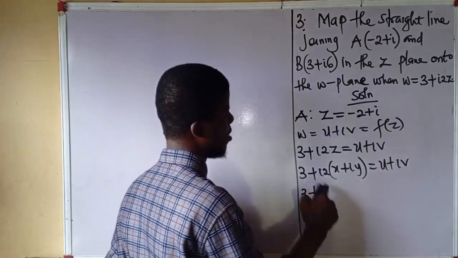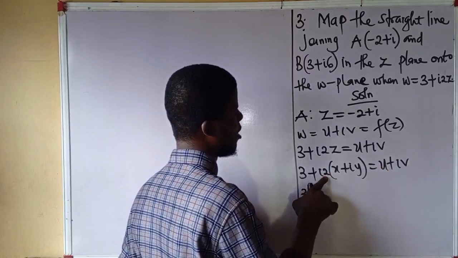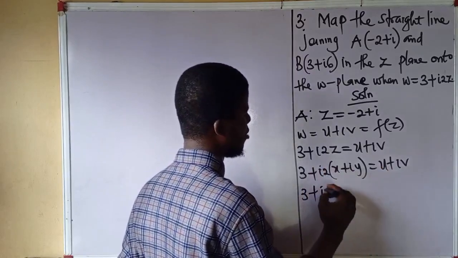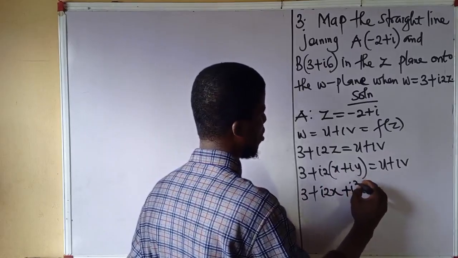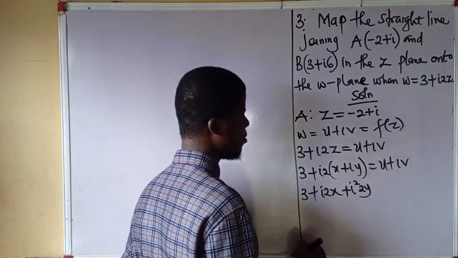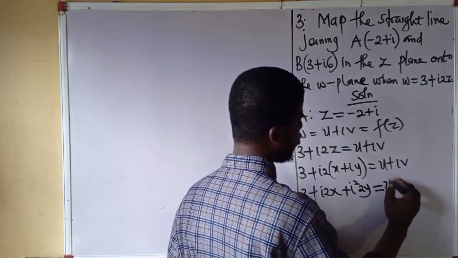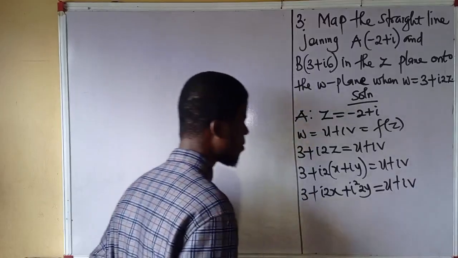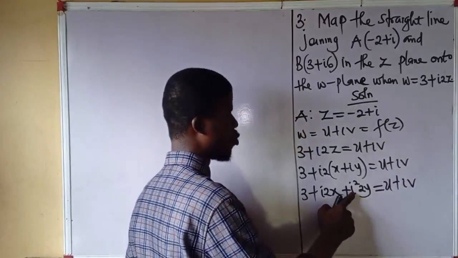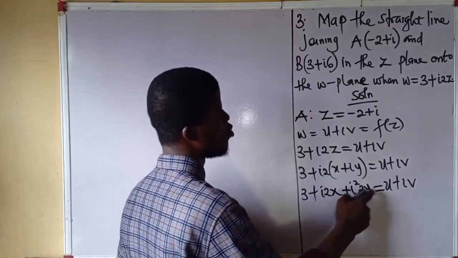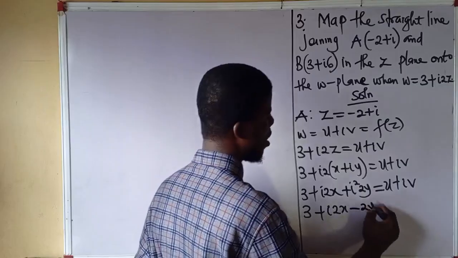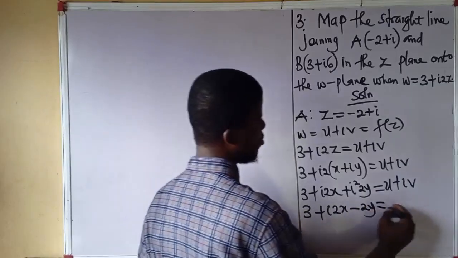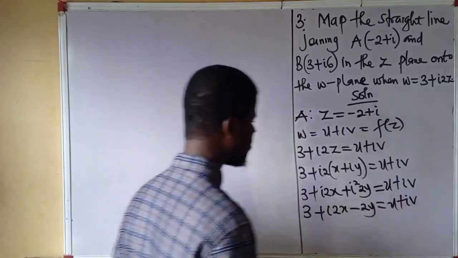Let's expand: I2 times X is I2X, and I2 times IY is I squared 2Y. I squared is minus 1, so I squared 2Y is actually minus 2Y.